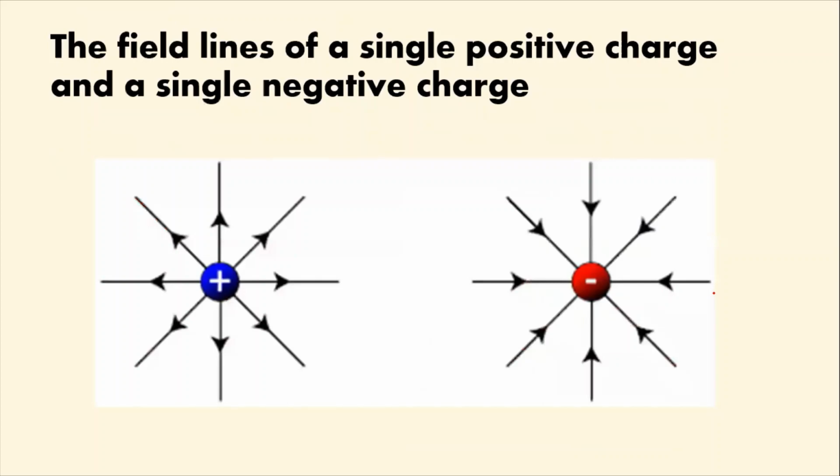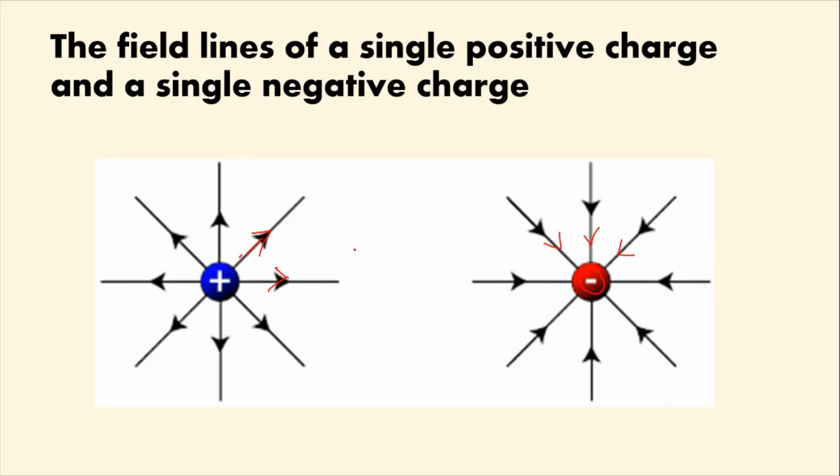As you can see here, this we saw in the previous class also. Here you can see a positive charge. The field lines are emerging in the outward direction. And here there is a negative charge and the field lines are moving inwards towards the charge. For a positive charge, they move away from the charge.